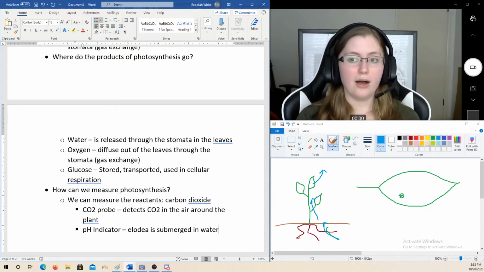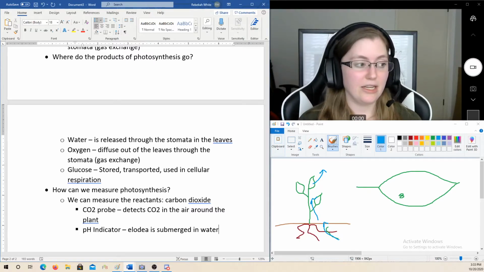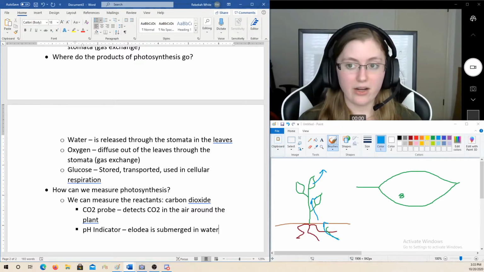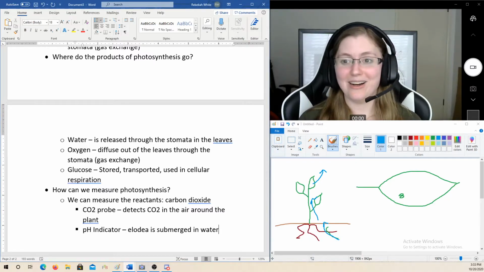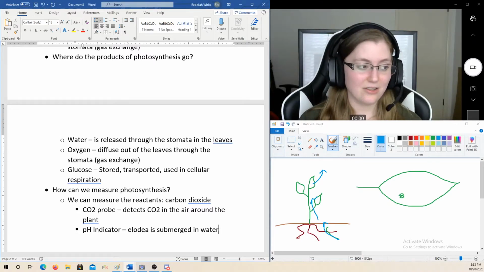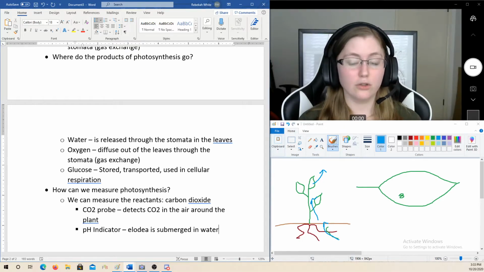So when carbon dioxide gets injected into water, it's going to create carbonic acid. So if you've ever had a carbonated soda, we get some acid in that soda, right? That's carbonic acid. So the pH of a solution with carbonic acid is going to be low.